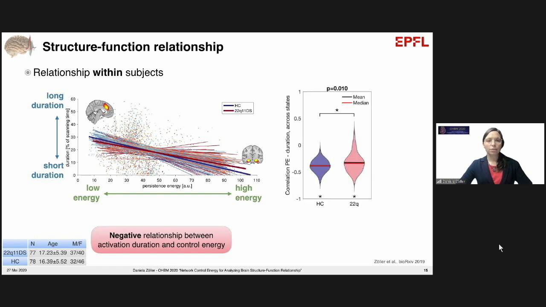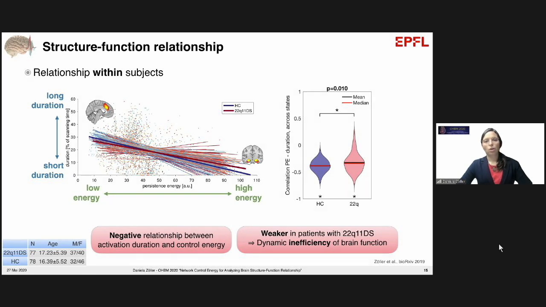And interestingly, this negative relationship was weaker in patients with 20q11 deletion syndrome. This could indicate some kind of dynamic inefficiency of brain function.